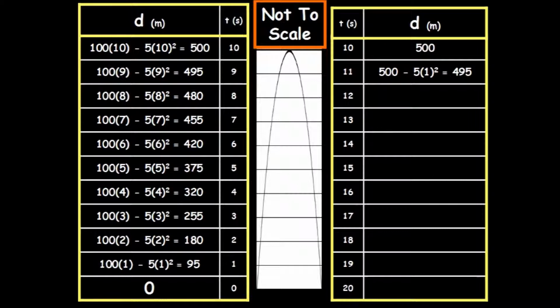Come on, guys. At D max, it's 0 is the initial velocity, correct? 0. So what's the height? 500, correct? So it'll be 500 minus whatever distance you went. So the first one would be 500 minus 5 is 495. What's the next one going to be?